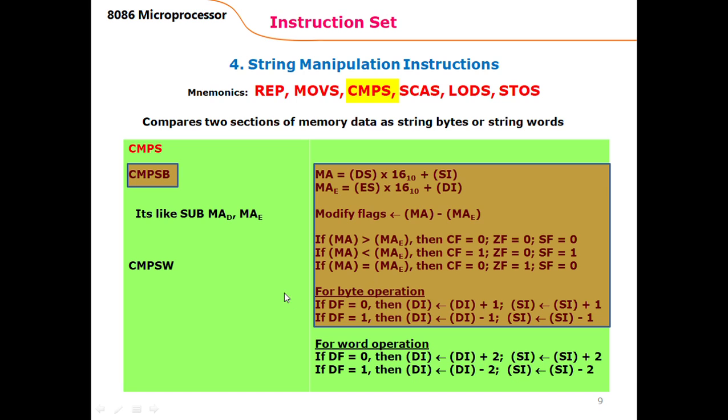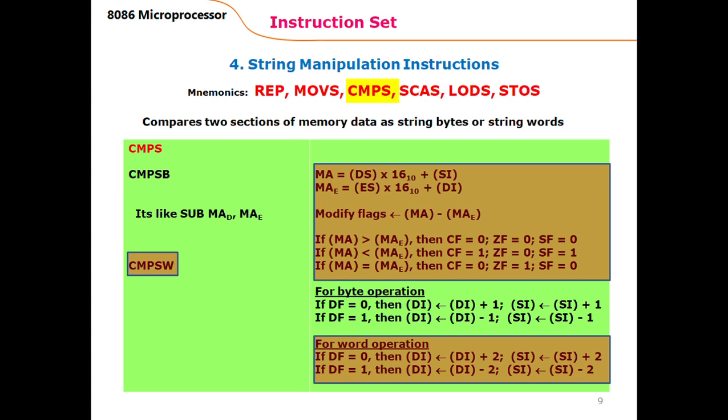After this instruction is executed, for byte operation, depending on the direction flag, the SI and DI are incremented or decremented. For word operation, compare string W is used, and depending on the direction flag, SI and DI are updated by 2.